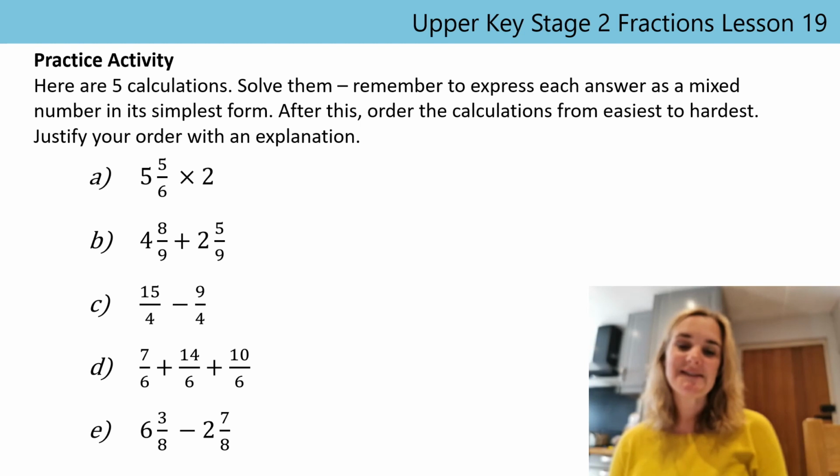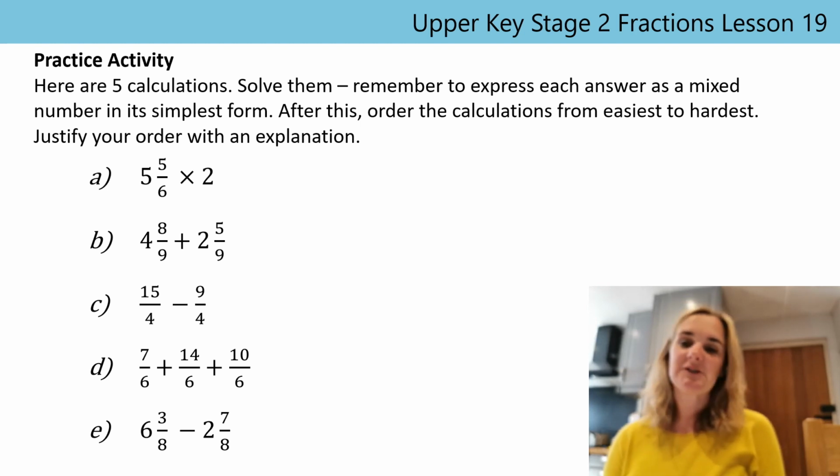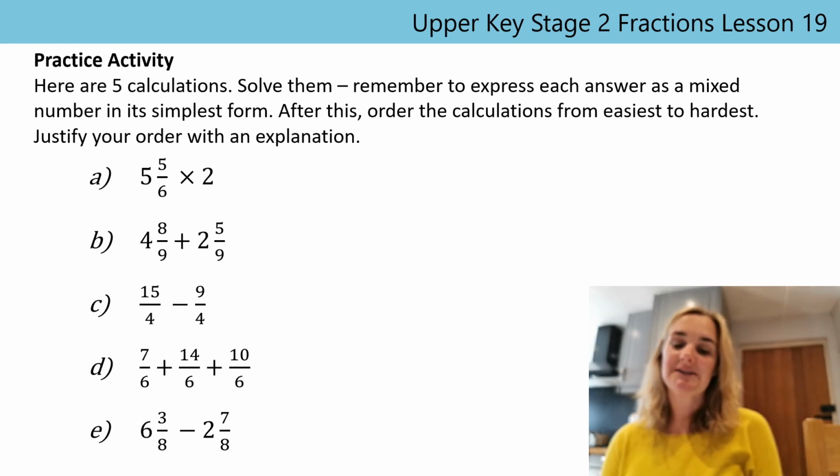Okay, so this is now the end of our session. I'm just going to leave you with some work that I'd really like you to practice at home. I've created 5 calculations. I'd like you to have a try at solving them. And remember to express each answer as a mixed number and in its simplest form.